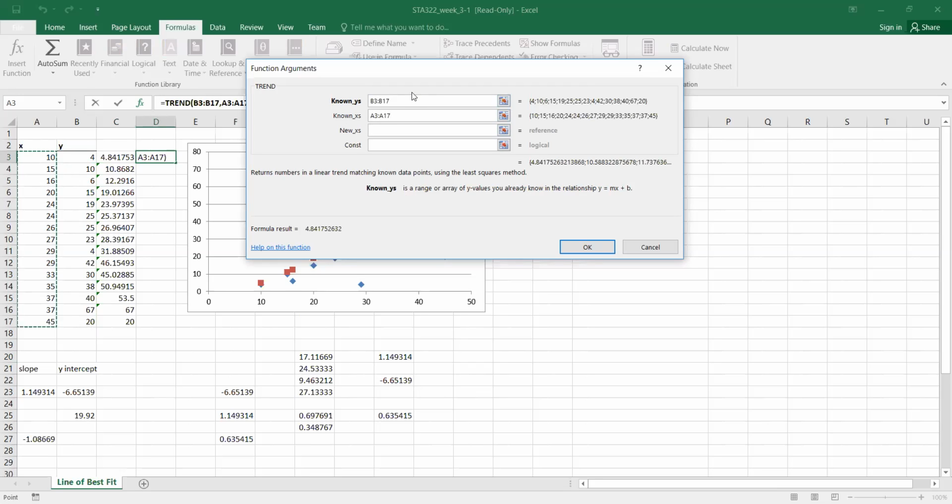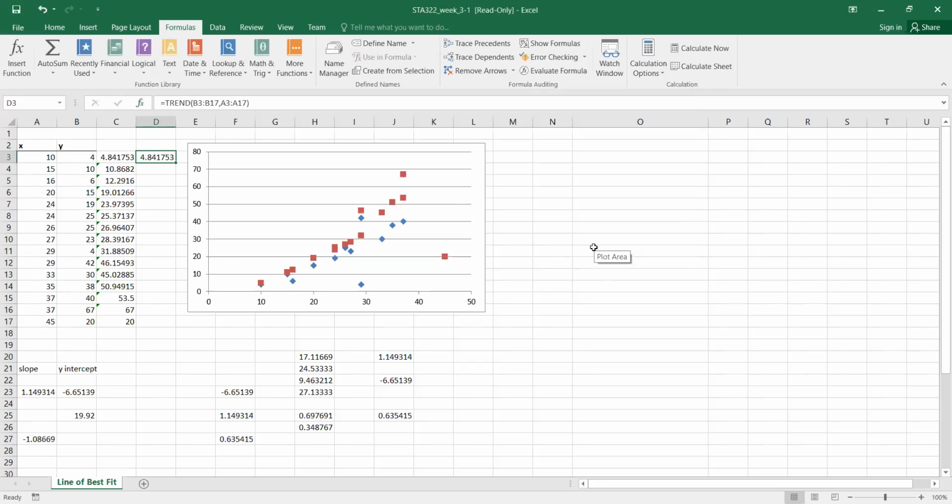All right. So this didn't work when we did this before, right? We click on this and we get only one value. So let's try a little different. Trend B$3 to B$17, which says that no matter what we do, we always have this range no matter where we are.